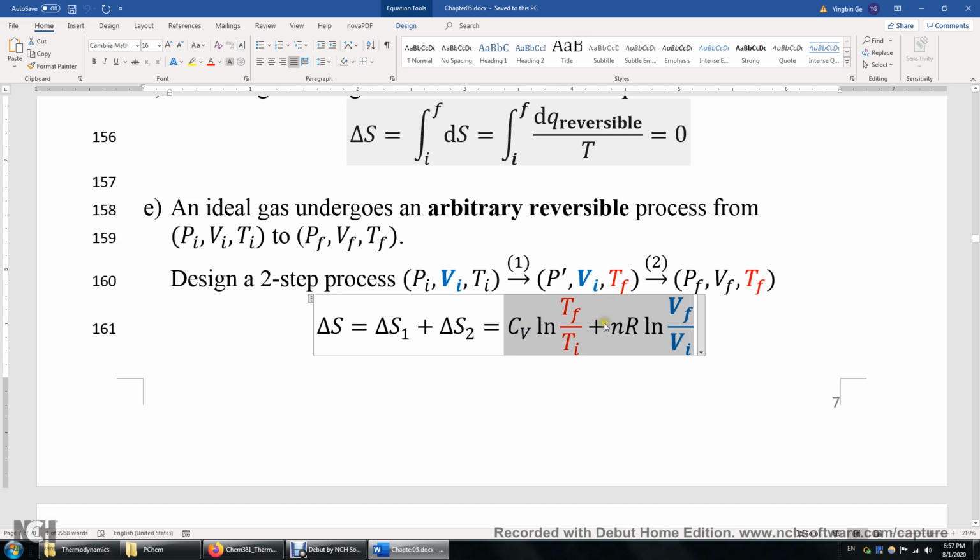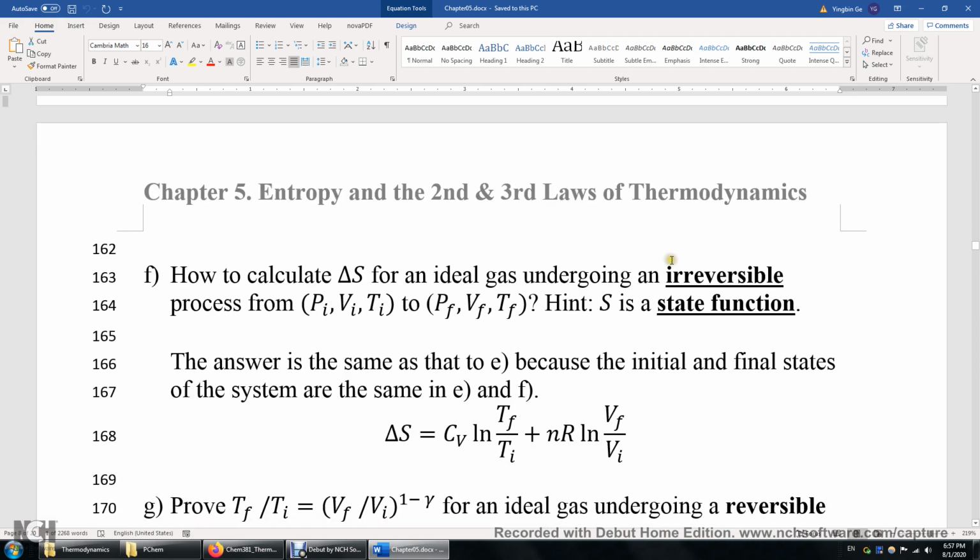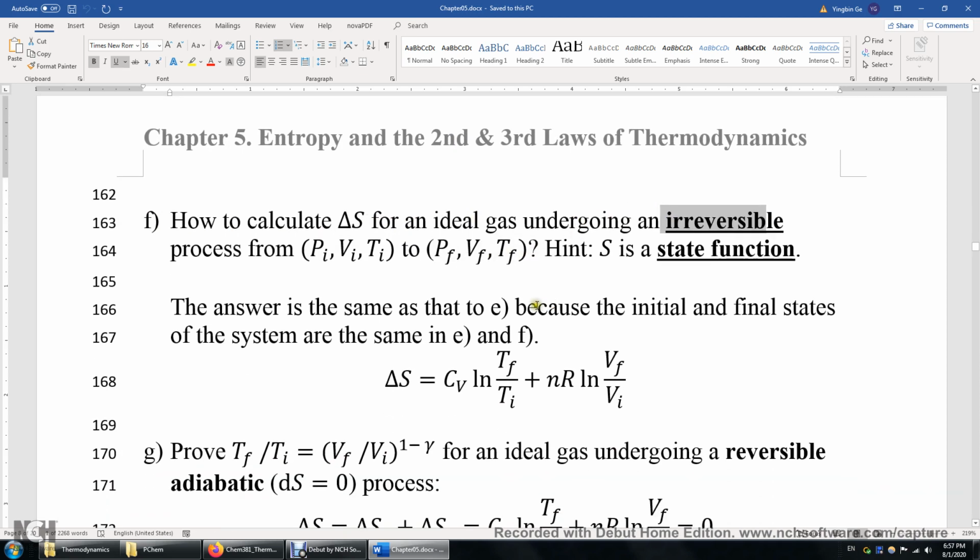Do the calculation, get the result, and this result is the entropy change of the reversible process, but also the entropy change of the irreversible process. So this is what this is about, how to calculate the entropy change that undergoes an irreversible process. Same expression, as long as we have this initial state and this final state.